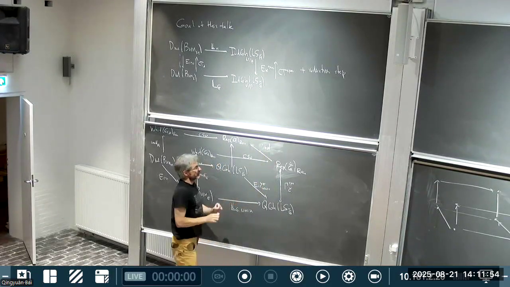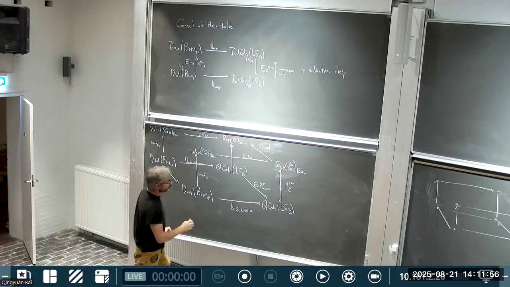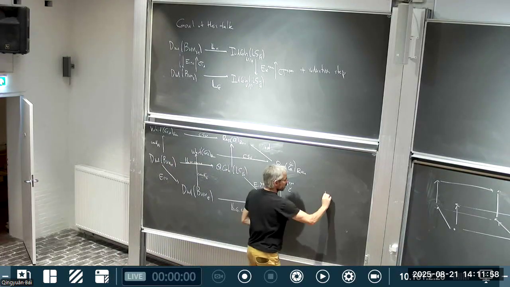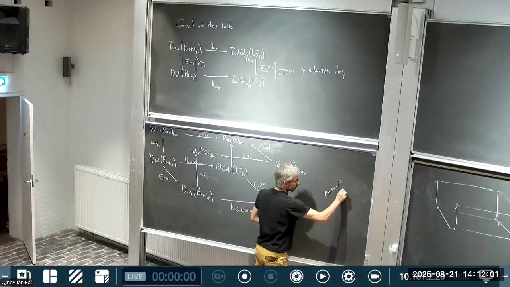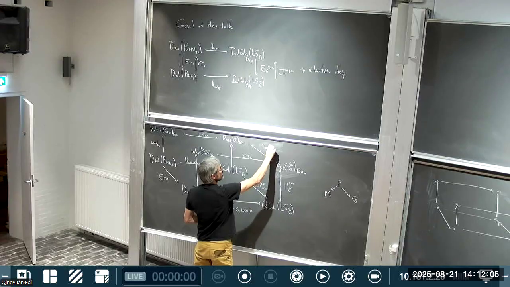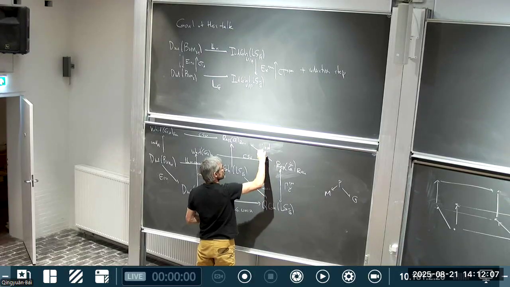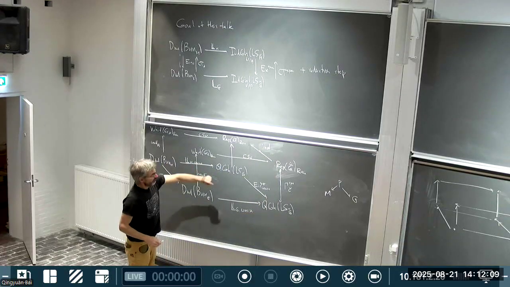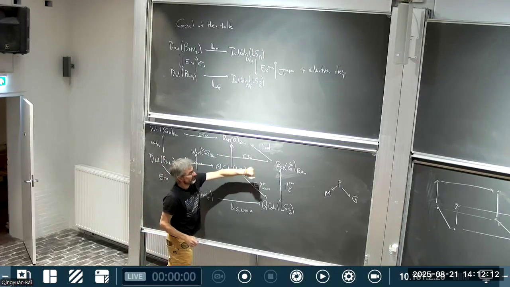It's parabolic induction: you inflate to P and induce to G. It's an induction factorization functor. And this functor is actually strictly unital, but it won't help us.